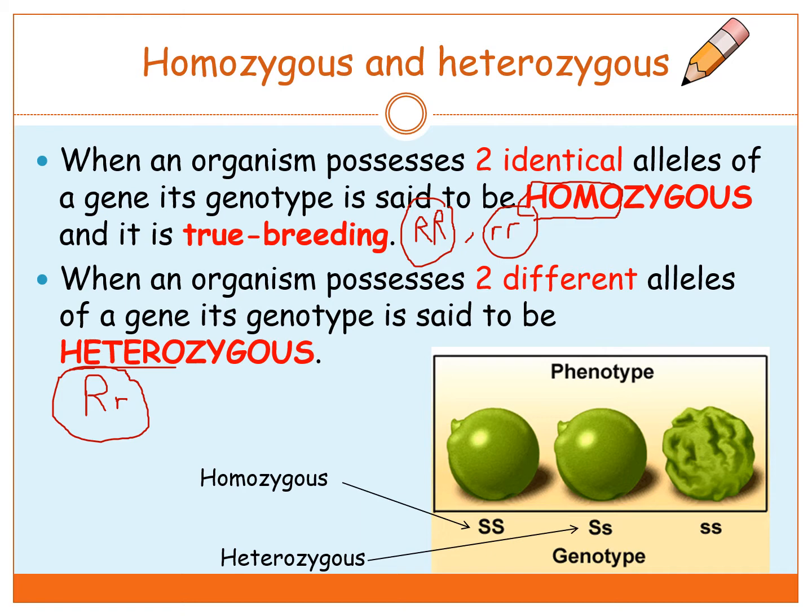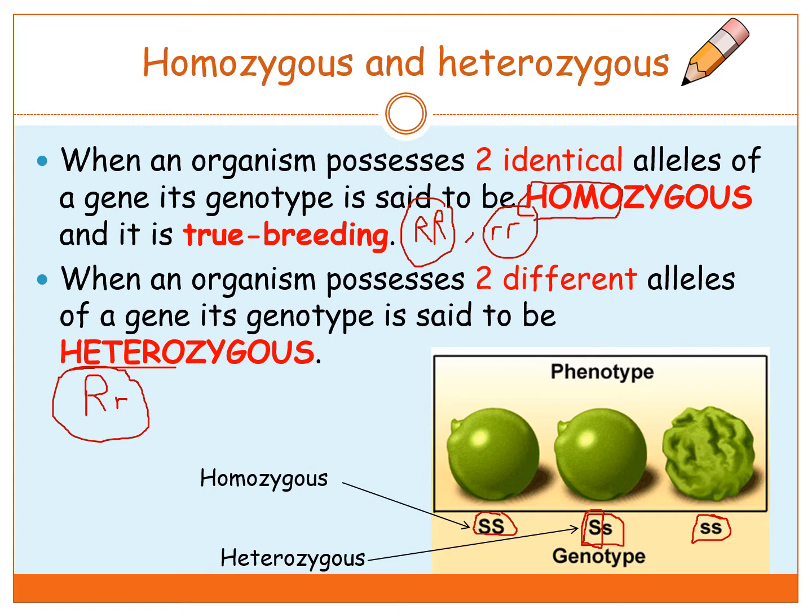So you've got an example at the bottom. You've got capital S for the pea shape, which is smooth. And then you've got capital S and small s for the pea shape again, which is smooth. Every time there is a capital letter, it means the phenotype will be the dominant one because the recessive one is hidden. And then for the last one, you've got two small s's, which is your rough seed.